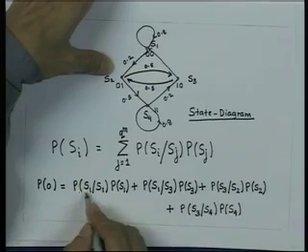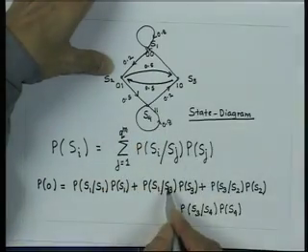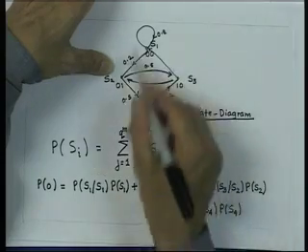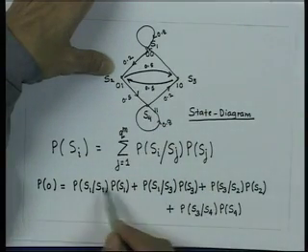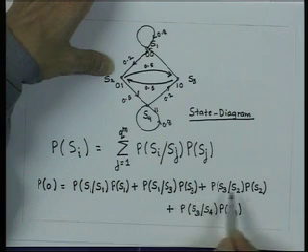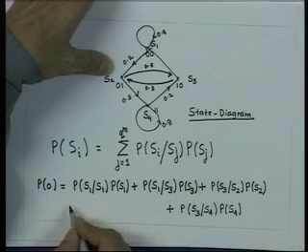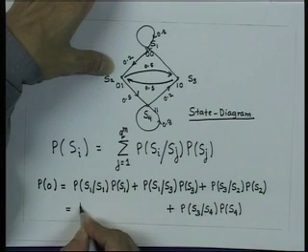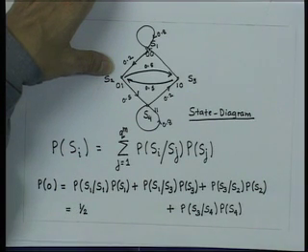Now, if I know all these values, this is 0.8, given out here in the state diagram, and we have already calculated the probabilities PS1, PS2, PS3 and PS4. If you plug in all those values, you will get the probability of 0 to be equal to half.